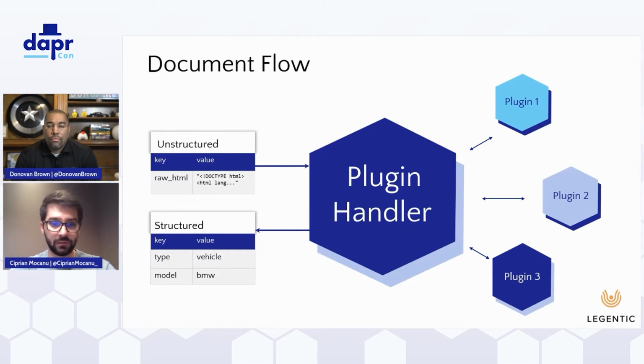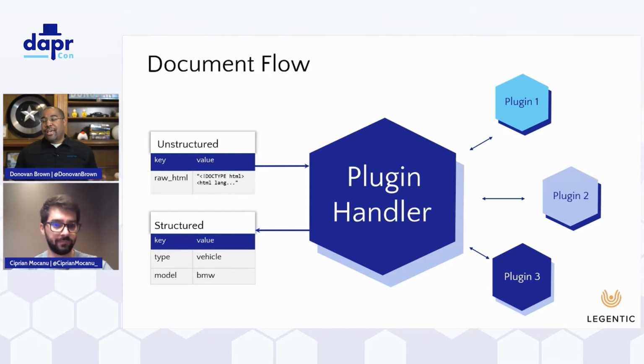And as a result, it builds up this structured document where we have, let's say, the type of the document is a vehicle, or it describes a vehicle, it has a model, it has a year, and so on. All kinds of structured data that can be used later for our clients.